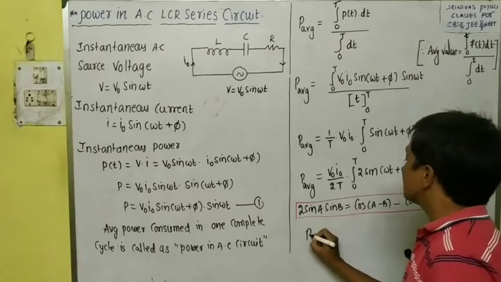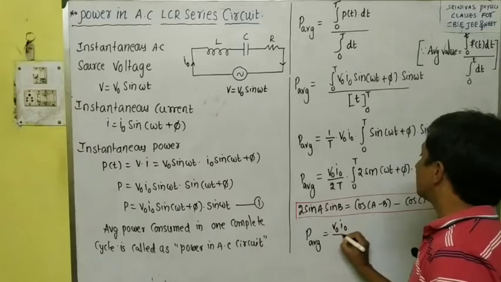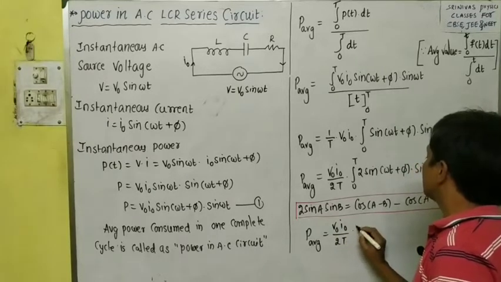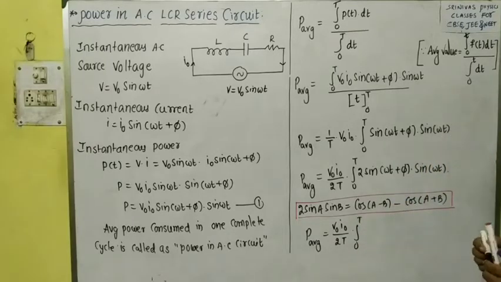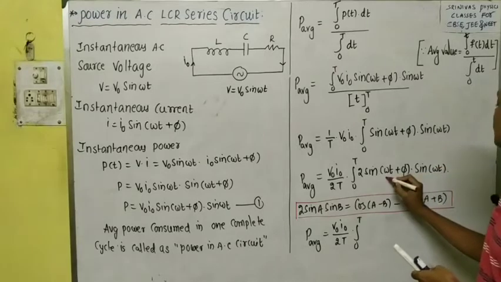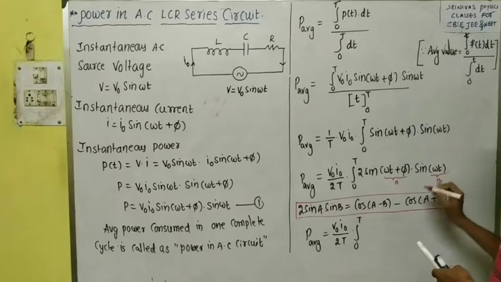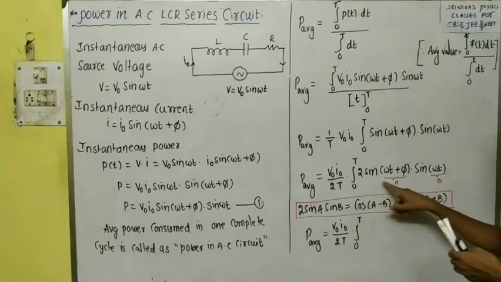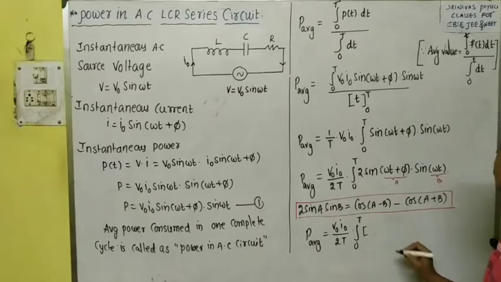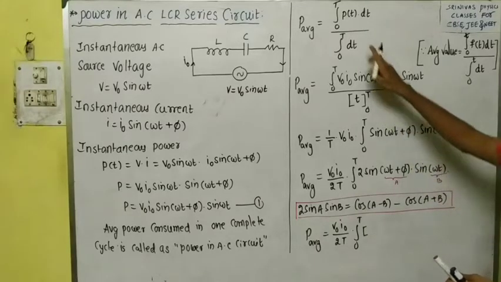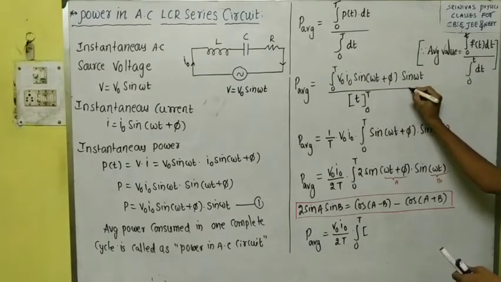Then how you will get the formula, right? Next equation what you will get: the average power is equal to v naught I naught by 2T into integration 0 to capital T, 2 sine A sine B. This we will take as A, and this we will take as B, right? Then 2 sine A sine B, first of all we have to write cos of A minus B. Okay, and something I forgot here: dt. We wrote the p of t function here, but into dt is there, right?